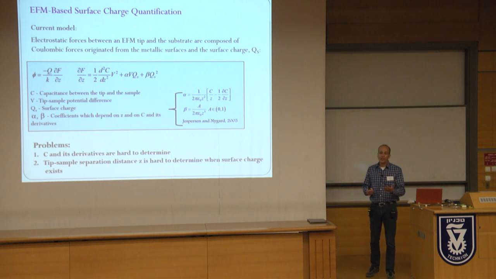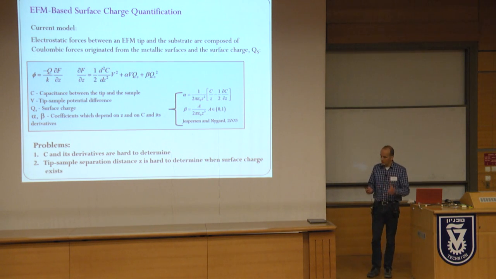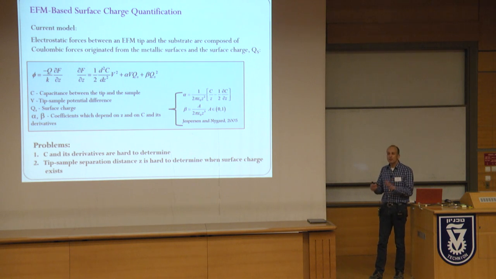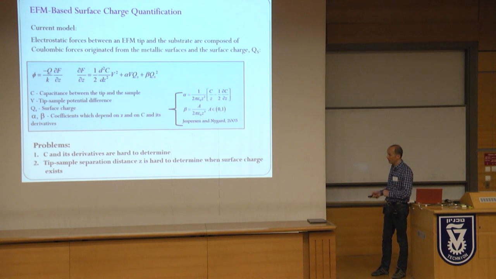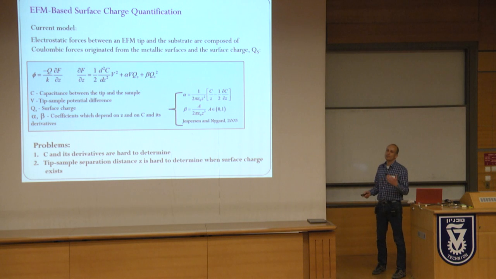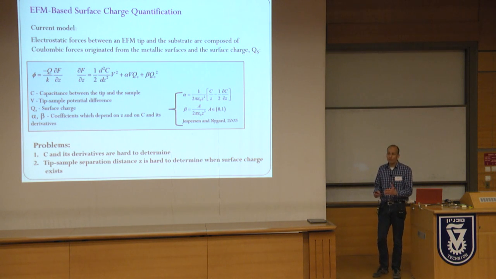And when the surface is oxide, and maybe on the oxide you have some charge, it's an impossible mission. There are many theoretical studies about it. And when you try to use each of these models and tune it for your own sake, you encounter a lot of problems. The main issue is that the capacitance and its derivative are hard to model, and the tip-sample separation is very hard to dictate, because when you have charge, it affects the distance between the cantilever and the surface, and it's very hard to know exactly where you are.